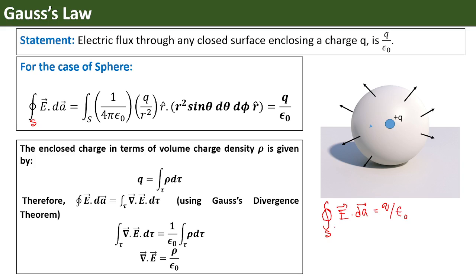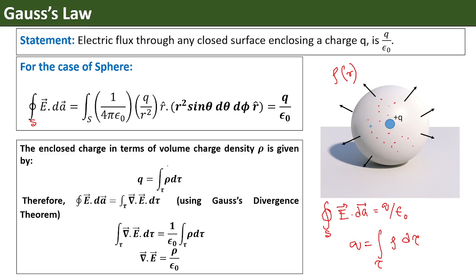Remember this term. Then how to get the differential form? Suppose you do not have a single charge, rather you have a charge distribution, meaning lots of charges distributed over here, so that you get a term called rho of r, which is the volume charge density, meaning charge per unit volume. Then the charge can be obtained from this expression as the integration of rho d tau, where tau is the volume.